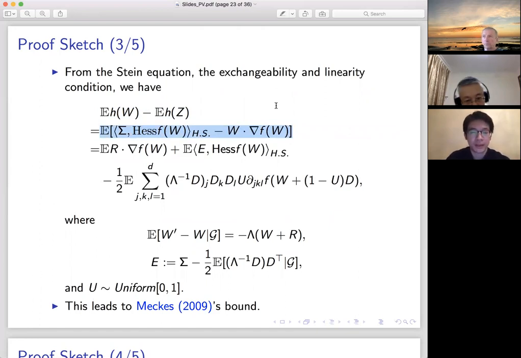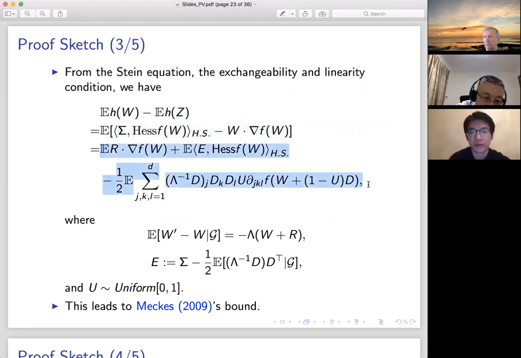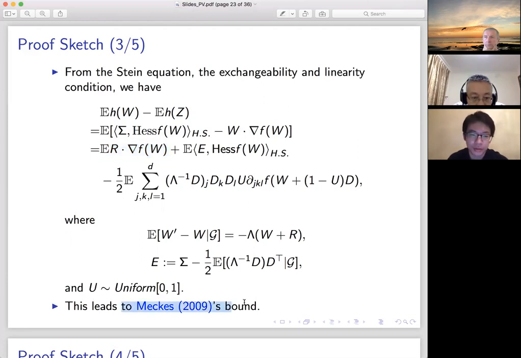It is a standard application of the exchangeable pair setting to do some rewriting of this quantity using these quantities R, E, and then you get this third order derivative term. That obviously comes from using Taylor's expansion. So what we want becomes this summation of these three terms. Then we can just use the properties of the gradient of f, the Hessian of f, and the third order derivative of f to obtain an upper bound. That eventually leads to Max's bound.